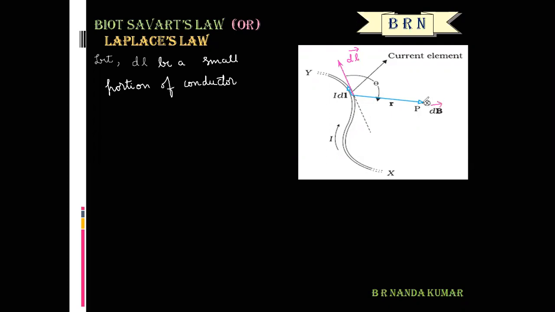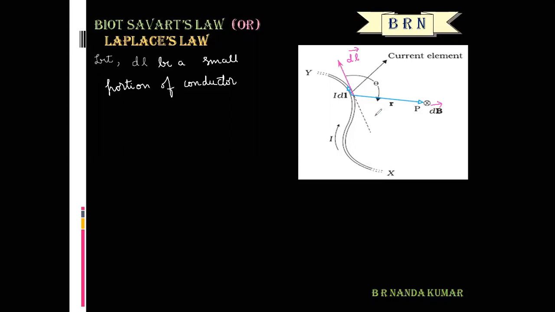This is the direction of magnetic field at point P. P is the observation point near the current carrying wire. The direction of magnetic field at point P can be determined by using the right hand thumb rule.